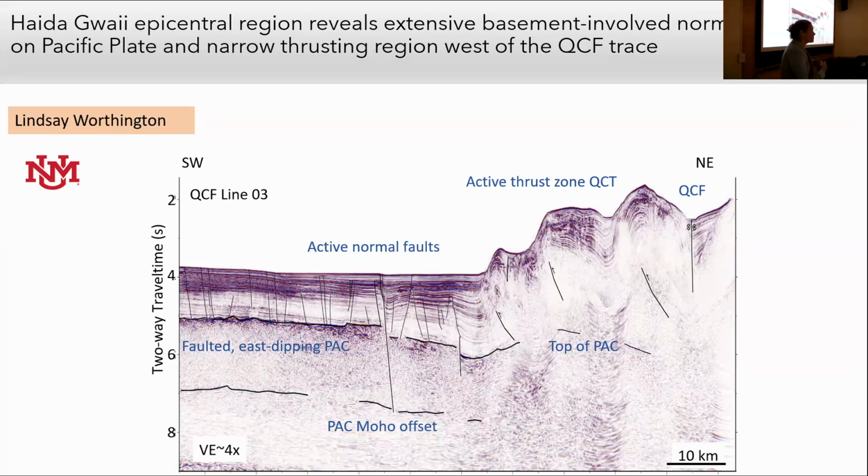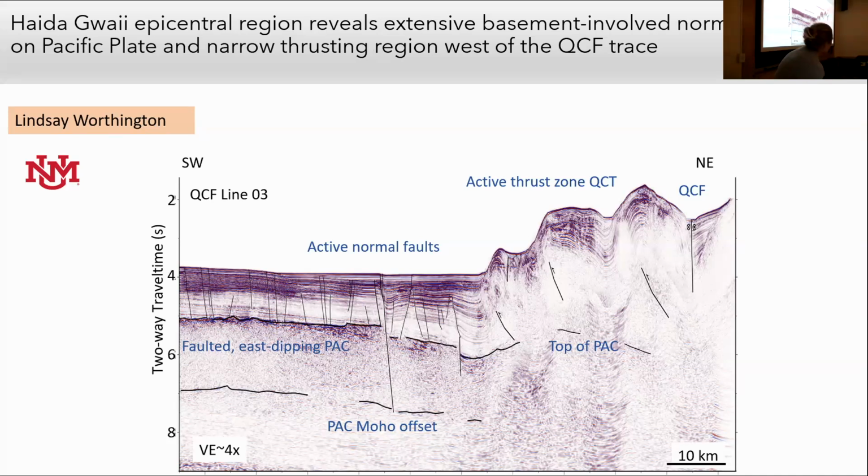Okay, so thinking about this in terms of a reflection profile crossing through that highly oblique portion of the margin, we can identify active deformation and faulting on the west side of this profile, and significant convergent deformation as you transition into the terrace. And then you might say, well, where is the Queen Charlotte fault? So here's the Queen Charlotte fault right here.